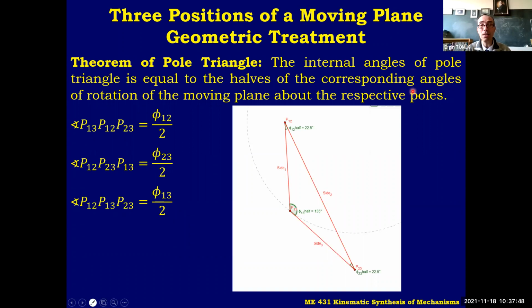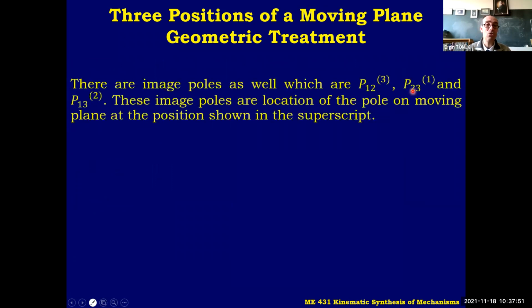Now, the next thing is, actually, we will have so-called image poles. What this is, actually: if we have pole 1, 2, where is it in position 3 on the moving plane? Of course, in the fixed plane, P1,2 has a fixed location, and it is the point around which the plane rotates from 1 to 2.